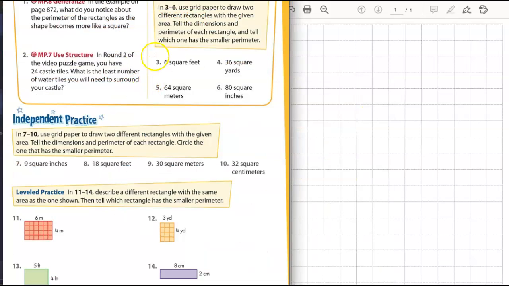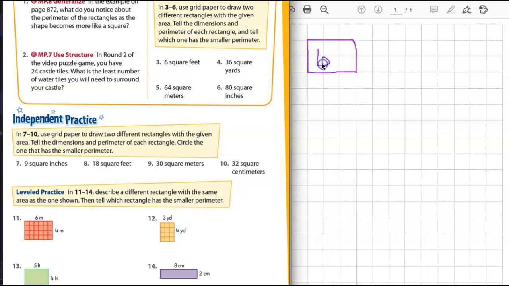Let's look at another example. Here it says to use the grid paper to draw 2 rectangles that have the same area. So I'm going to draw 2 rectangles with the area of 6 feet. So if I draw this rectangle right here, I can see on the inside there's 2, 4, 6.